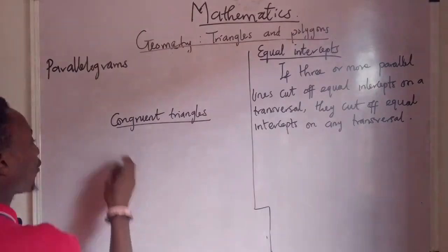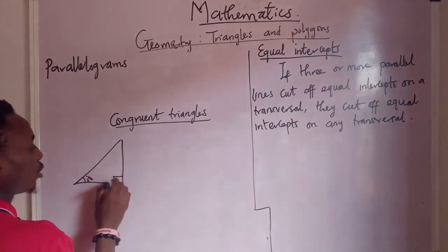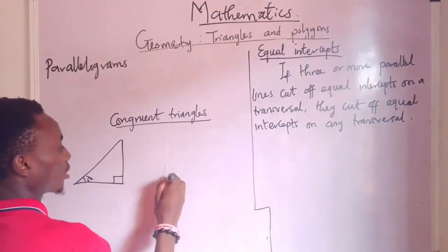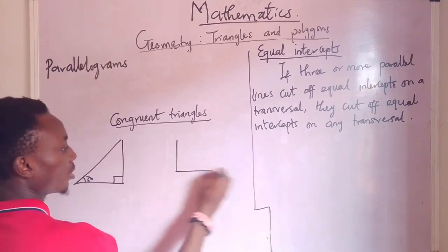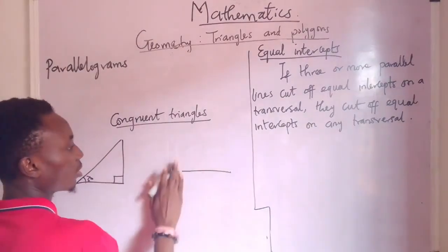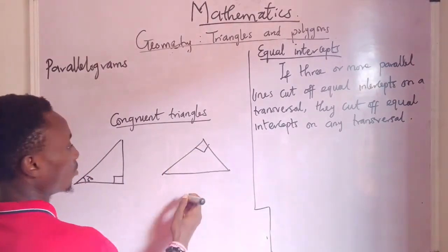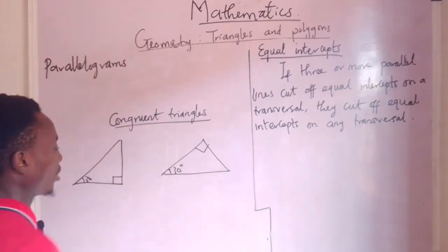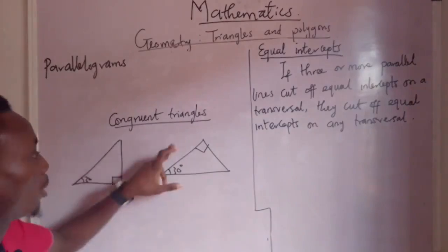For example, if you have a triangle looking like this, and this is 30 degrees, and this is your right angle triangle, and you have another one looking like this, and this place is 30 degrees. Are they congruent? Yes, especially if they have the same size, the same measurements.